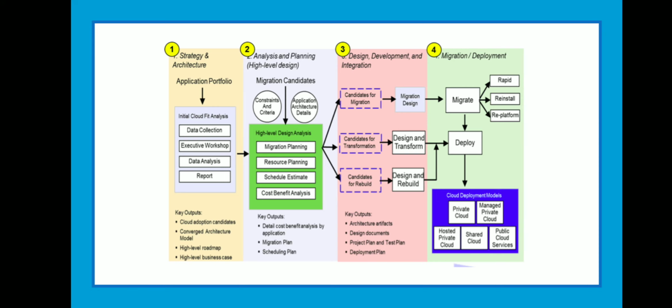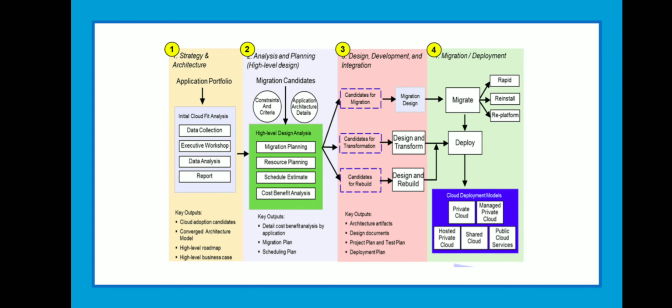Then the last pillar is migration and deployment. This step of the migration framework involves the migration and deployment of applications that have been identified for cloud migration, and the analysis performed as a part of the migration framework will indicate the appropriate deployment model for the application.